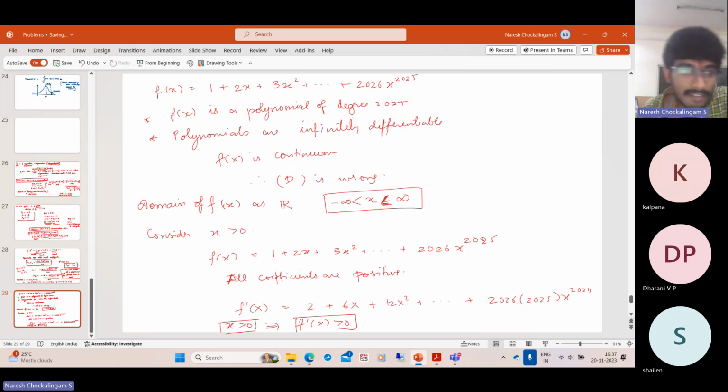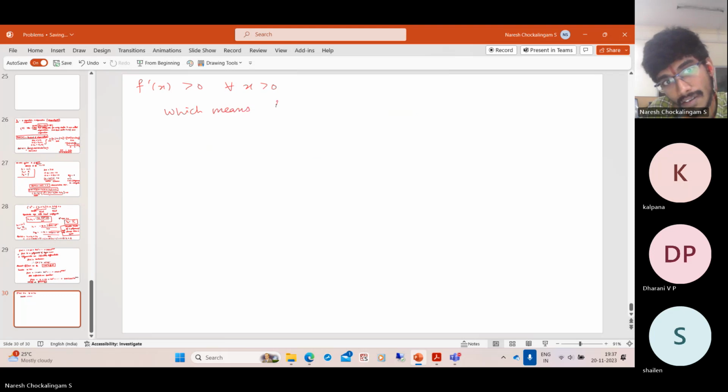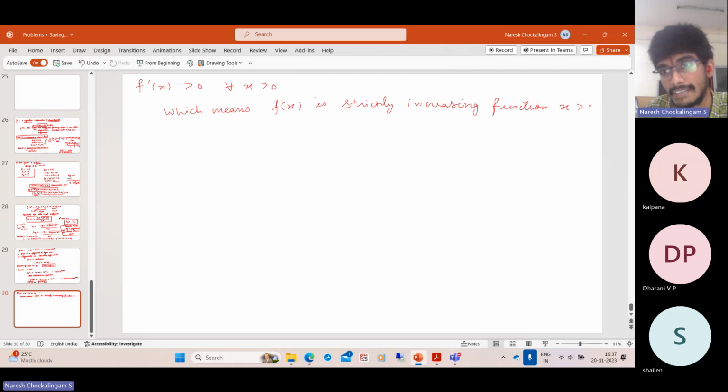What does this mean? So f dash of x is greater than 0 for all x greater than 0, which means f of x is strictly increasing on x greater than 0.